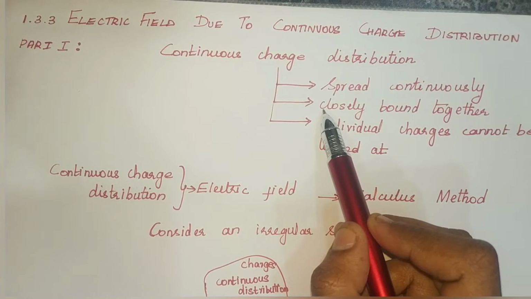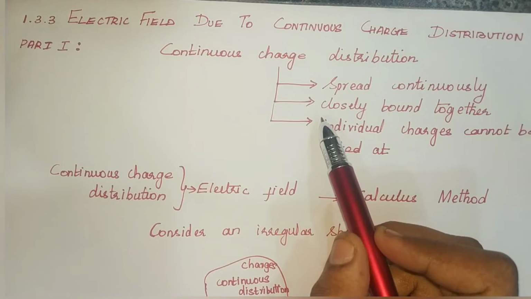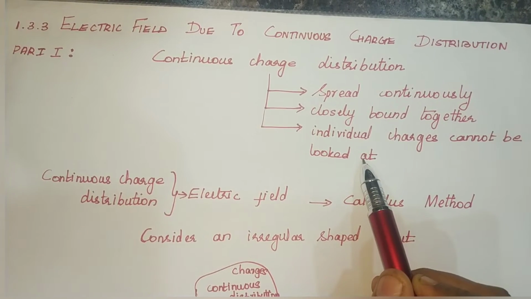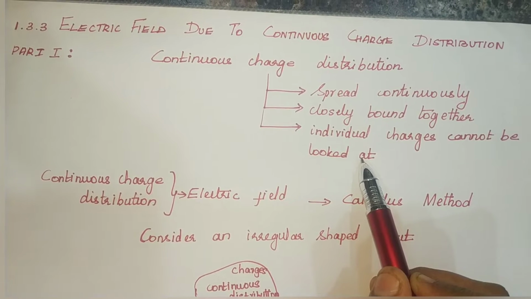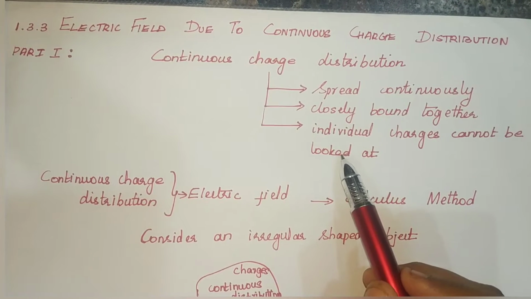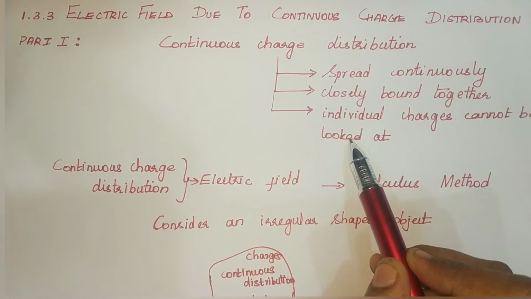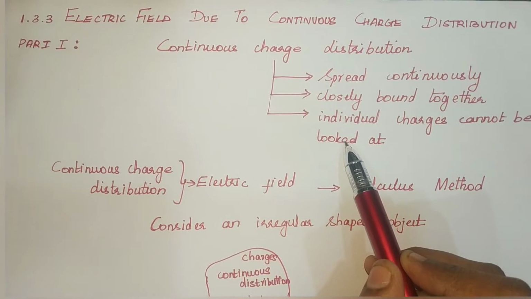And two, the charges are closely bound together and the individual charges cannot be looked at in the continuous charge distribution. Likewise, we can count the charges in discrete charge distribution Q1, Q2 and so on up to Qn.